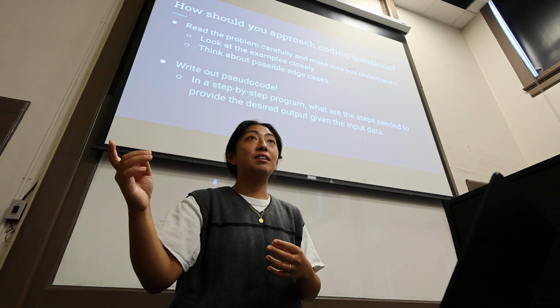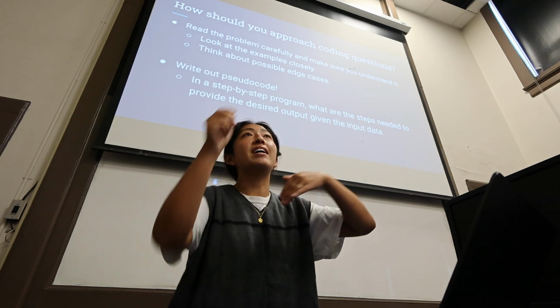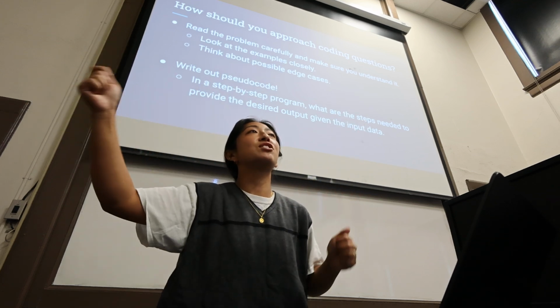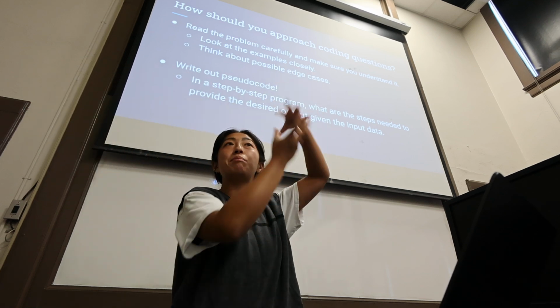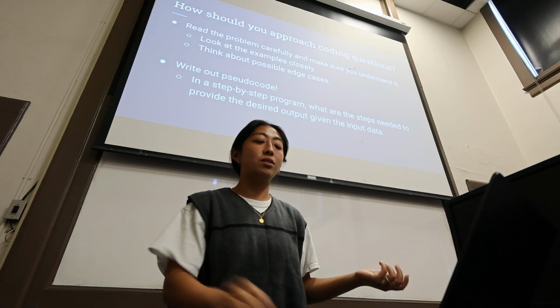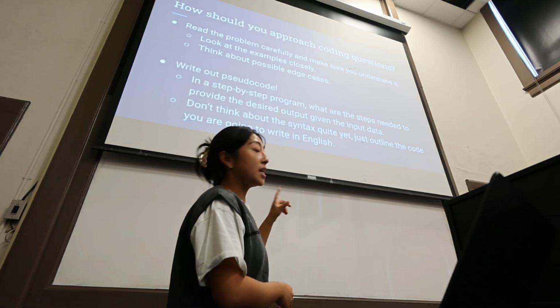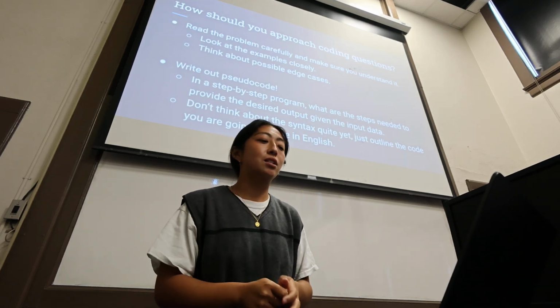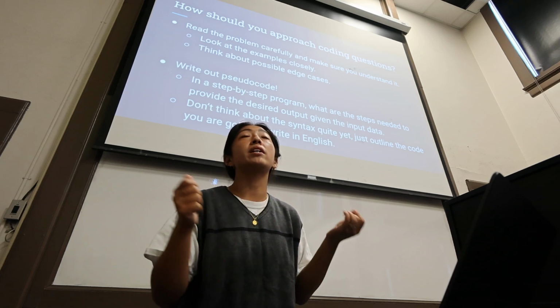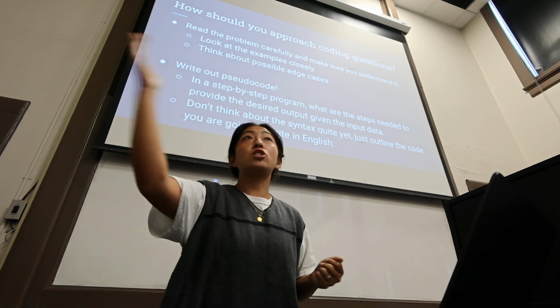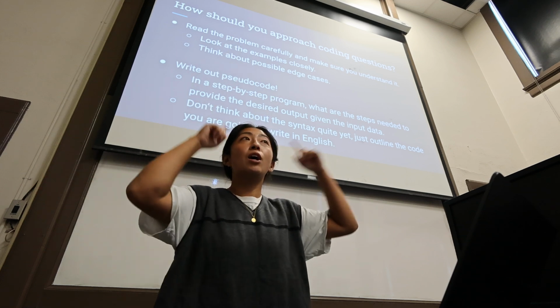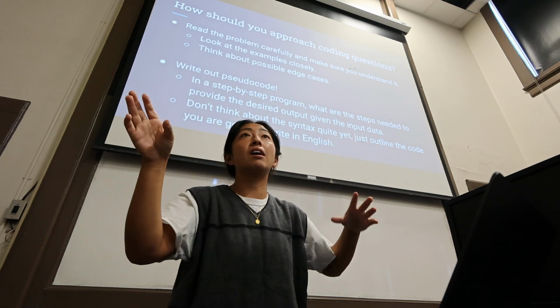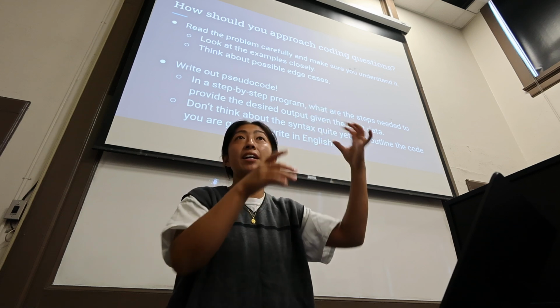So if there's a conditional, write "if this" in English, right? And then indent and write in English. So structurally make it correct, but don't use exact syntax. Don't think about the proper syntax quite yet, just outline what you're going to do. And I would suggest doing it in the same indentation as you would in code too, because then that helps you visualize where all these pieces go, even though they're not exactly right yet.